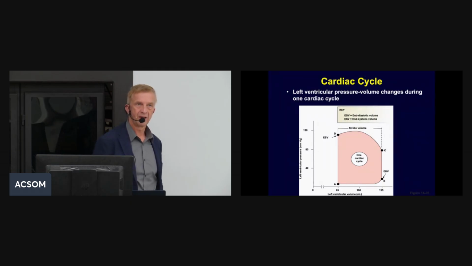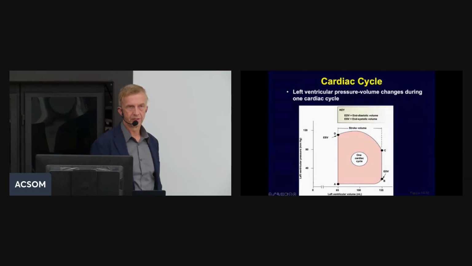Mitral valve and tricuspid valve opens. So ventricular filling starts, and at the end of the ventricular filling, during the atrial contraction, the pressure rises to point B. The volume is increased because of the filling of the left ventricle and right ventricle.